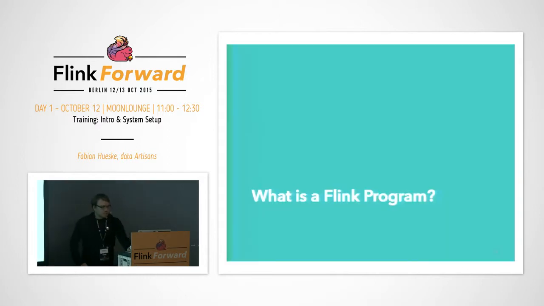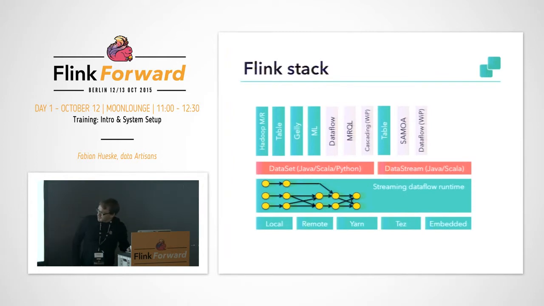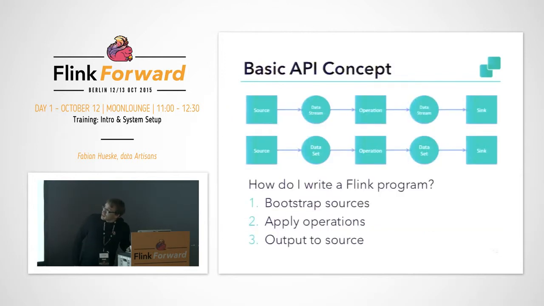So what does a Flink program look like? Flink programs are basically implemented against either the DataSet API or the DataStream API. And both APIs are, in fact, very similar. They follow similar concepts. They actually even share a lot of code. And the basic abstraction here is that you have a data source. The data source produces either a data stream or a data set, depending on which API you're in.